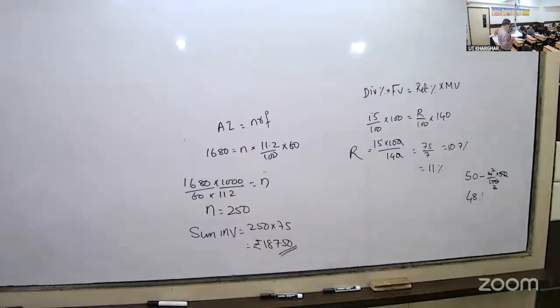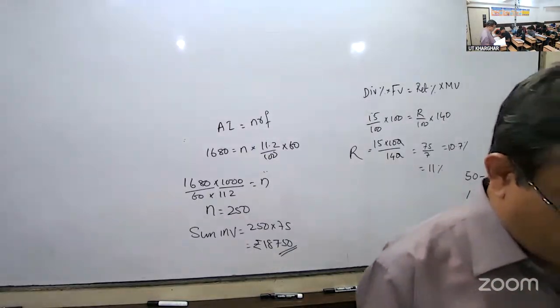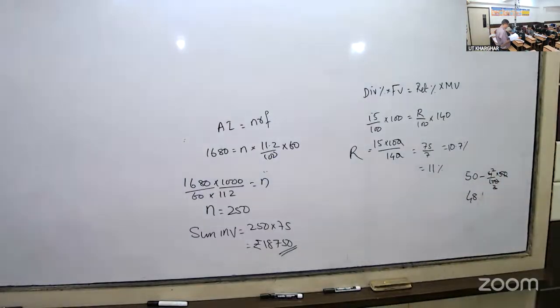Okay. So there are two companies and sale proceeds. For the first company, write properly. Number of shares 360. Face value 10 rupees. Dividend percent 12%.